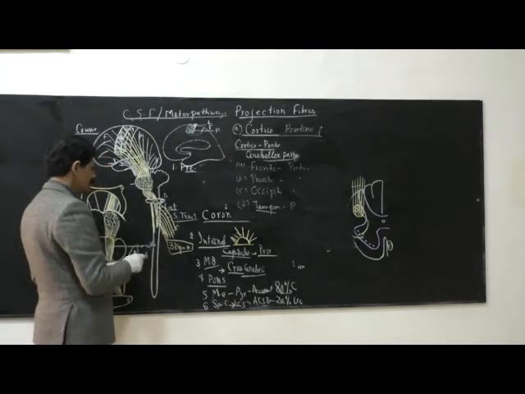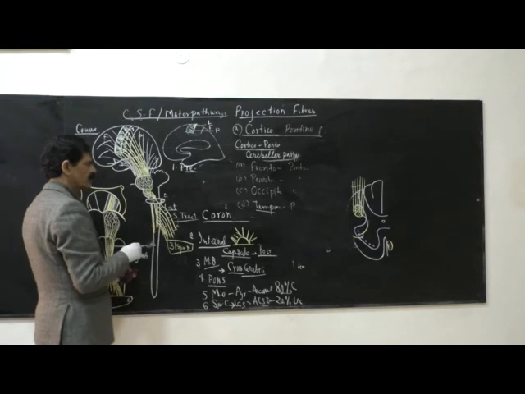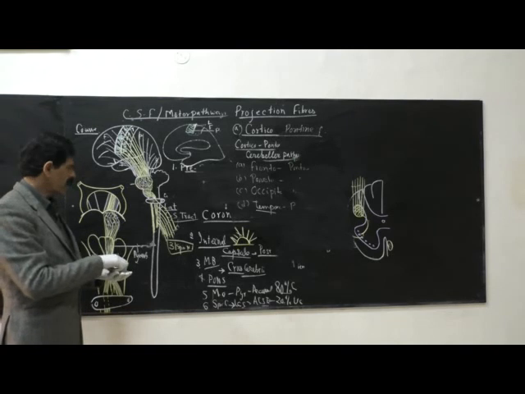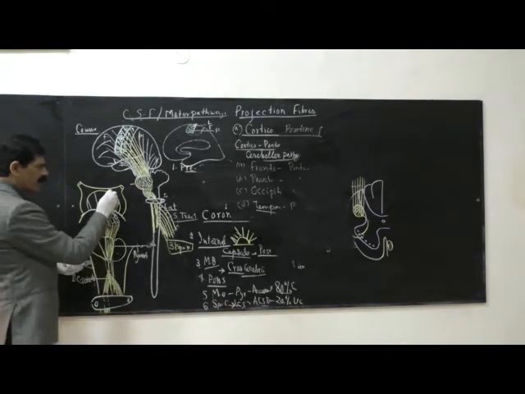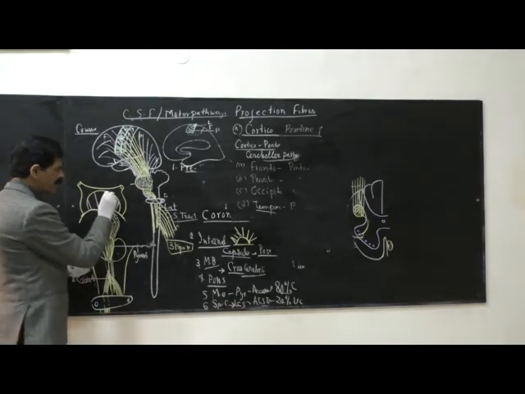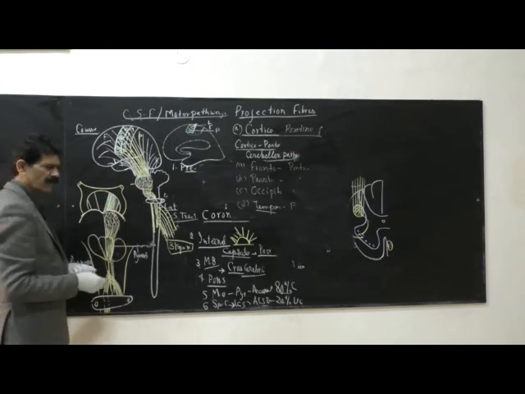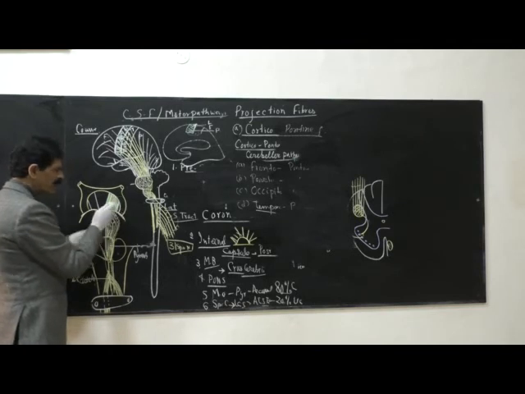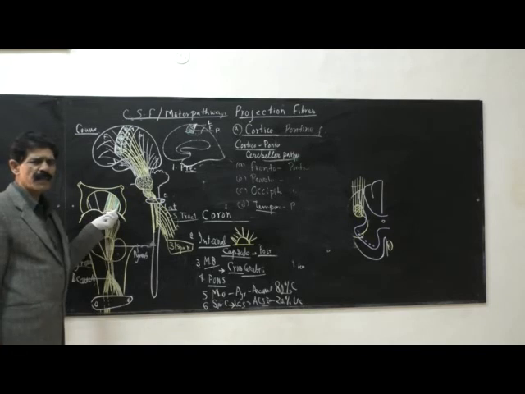As they reach the crus cerebri, take the frontopontine fibers, for example. The frontopontine fibers occupy the medial one-fifth of the crus cerebri, along the medial border. The rest, the parietopontine, occipitopontine and temporopontine, occupy the lateralmost position of the crus cerebri of the midbrain.